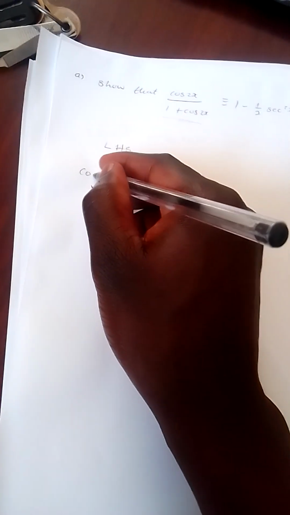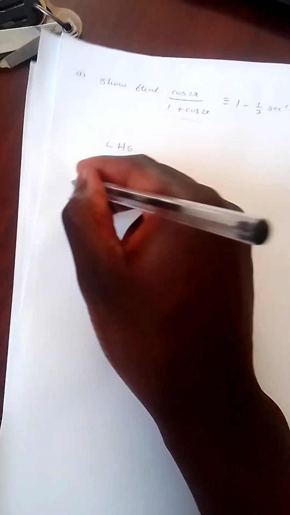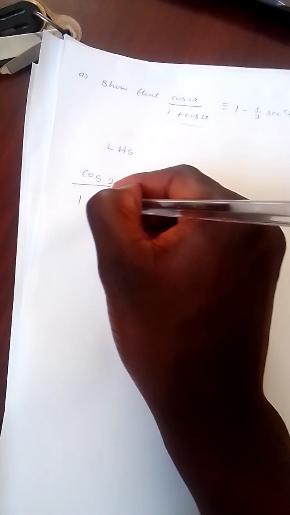Okay, now let's rewrite what we have on our left. Remember, this is our left hand side. So we have cos 2x over 1 plus cos 2x. Now remember, we have a compound formula for a double angle of cos.